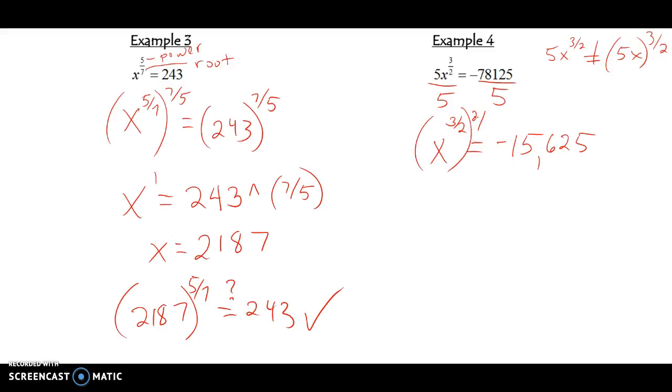So now to undo this exponent, we're going to raise it to the 2nd power and take a cube root, which is a power of 2/3. And we get an answer of 625. And we can check that.